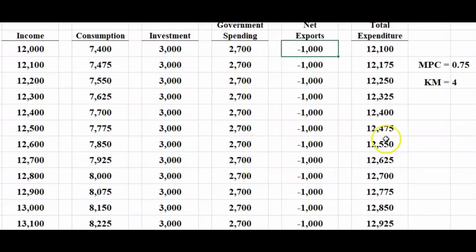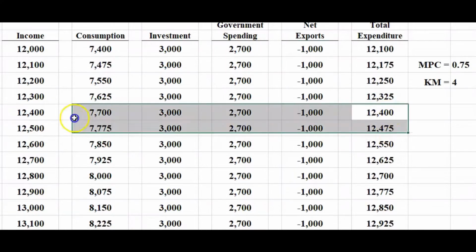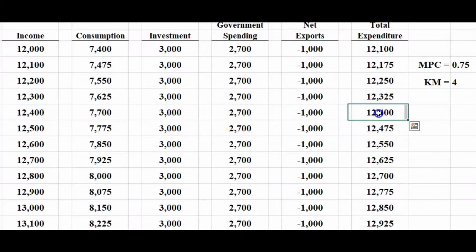All right, so now let's say that we want to decrease. We're back to 12,400 as equilibrium. Let's say we want to decrease equilibrium. You can pick any of these numbers over here. We could pick 12,300, 200, 100, 12,000. It doesn't matter, any one of those. So let's say we want to decrease it by 200 down to 12,200. That's a negative $200 difference, right?